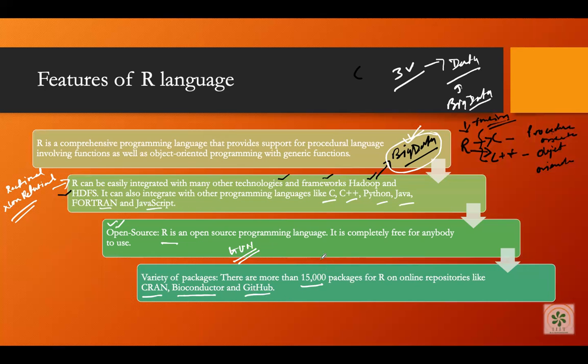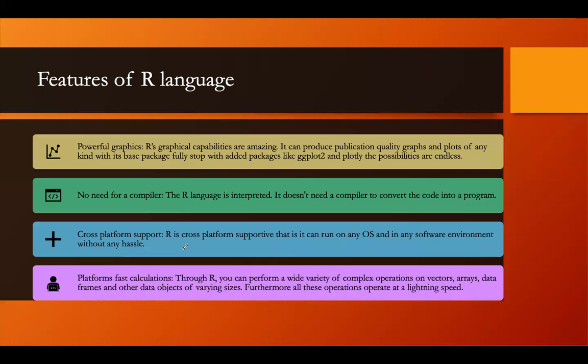So we can find different packages, whatever we want. You just click that particular package and it will install in your system and integrate with R. So there are a vast number of packages. We'll learn some of the packages in these 4 days. So the first is open source, second is the variety of packages it has.